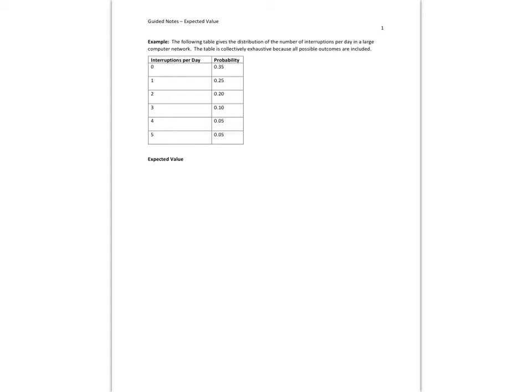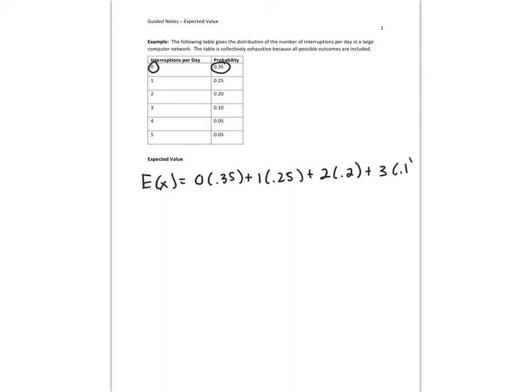So how do you find the expected value? Well, the expected value, don't forget, is also the mean. Expected value will be the first x value, which is 0 times 0.35, plus 1 times 0.25, plus 2 times 0.2, plus 3 times 0.1, plus 4 times 0.05, plus 5 times 0.05.